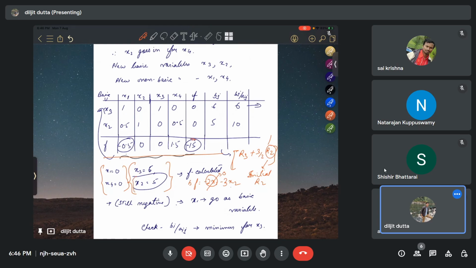How did we get the value 5? From this equation we have only the coefficient of x2, since x2 and x3 are the basic variables, and x1 and x4 are the non-basic variables. So we set the value of the non-basic variables as 0. Then we have only x2, and x2 is equal to 5. Okay, clear?